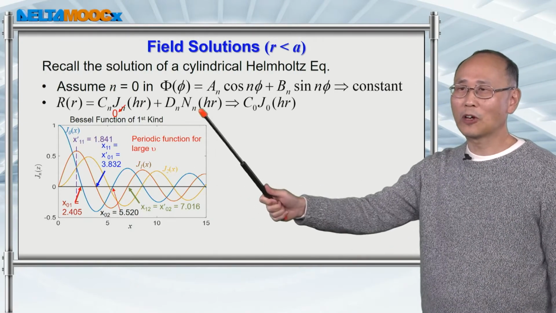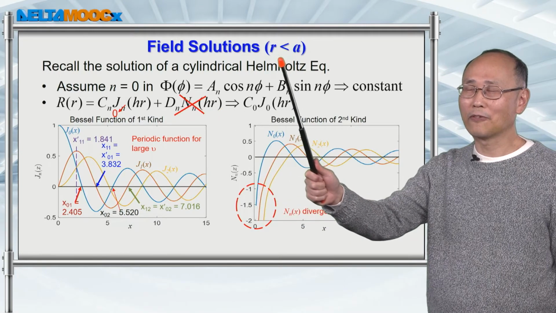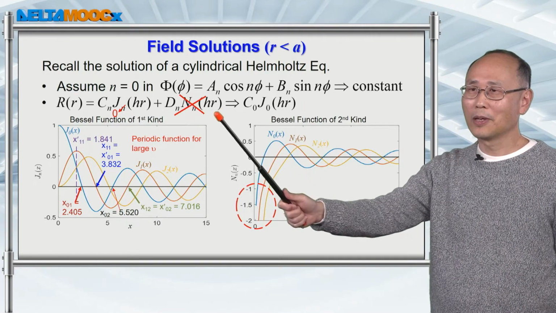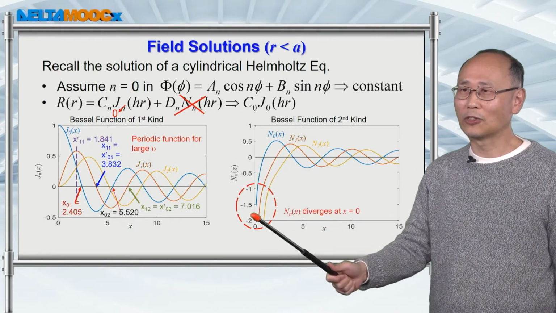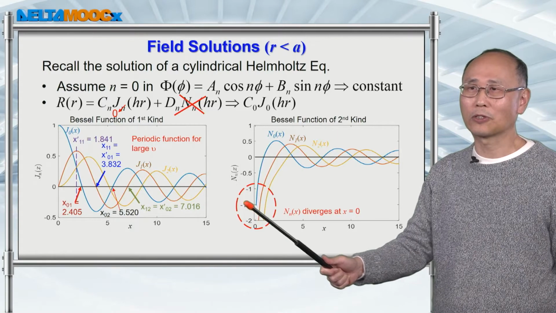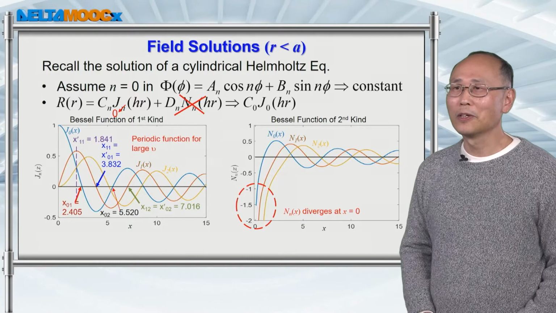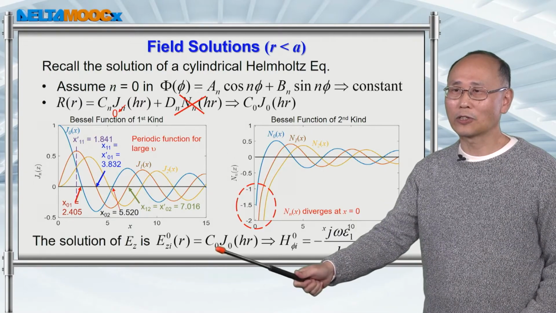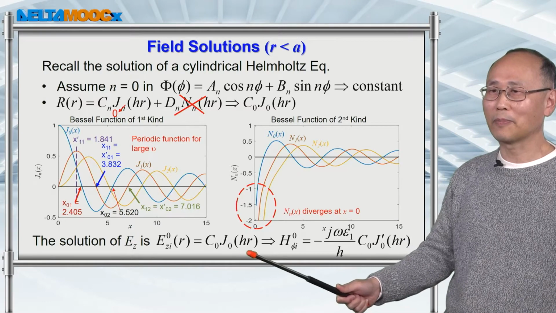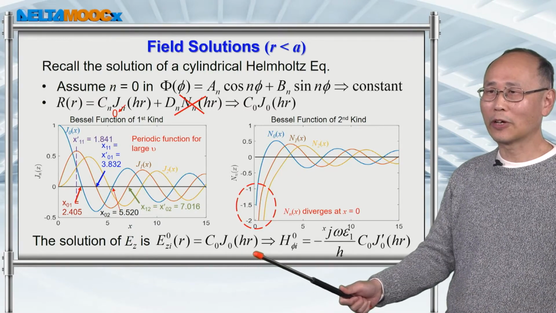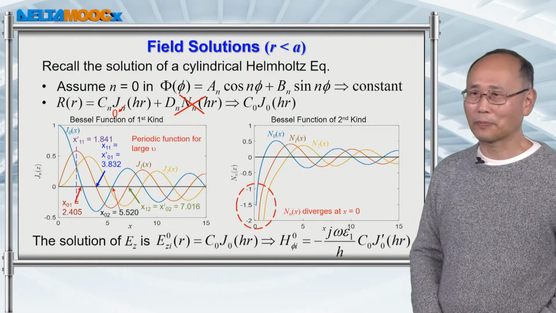But for the Neumann function, the solution involves r equal to 0, where the Neumann function diverges, so we cannot take it as a solution. Let's just cross this Neumann function out, so that the general solution for the field Ez inside the core is given by J0(hr), and again this h is the eigenvalue along the r direction.